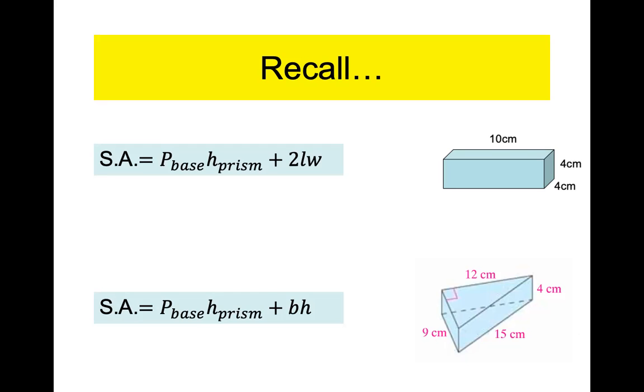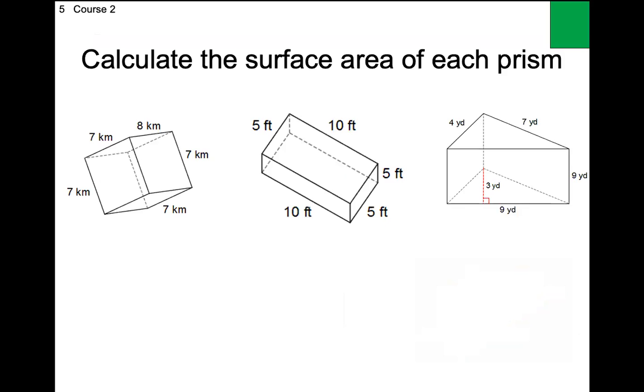Technically, you are dividing by 2, but then you're multiplying by 2 because there are 2 triangles. So the result is just base times height of the triangle. This is confusing because there are 2 H's floating around here. One is for the prism, one is for the triangle. Okay, all right. So that is how that works.